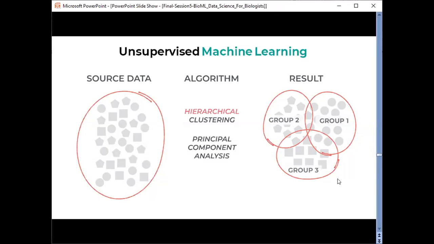For example, the result you will obtain is that it finds the similar data points. It will cluster or group these samples: it will cluster the squares, the circles, and also the pentagons.